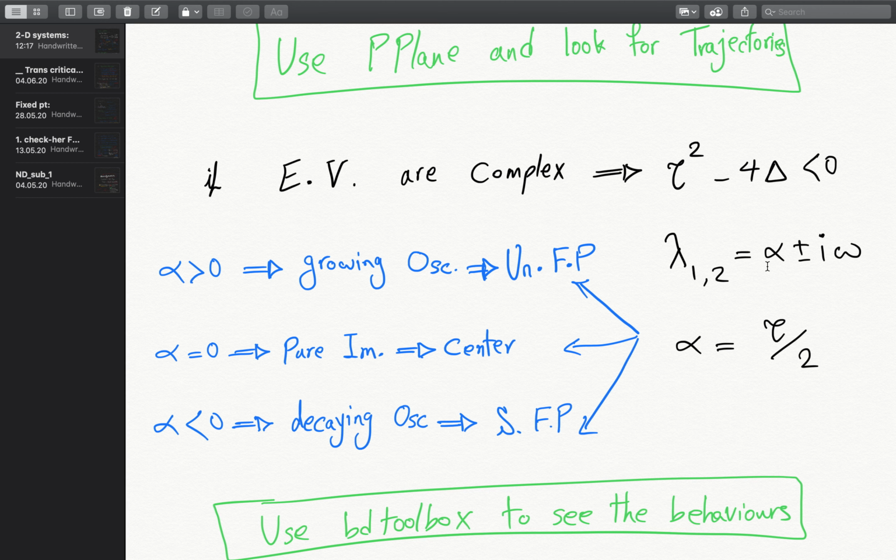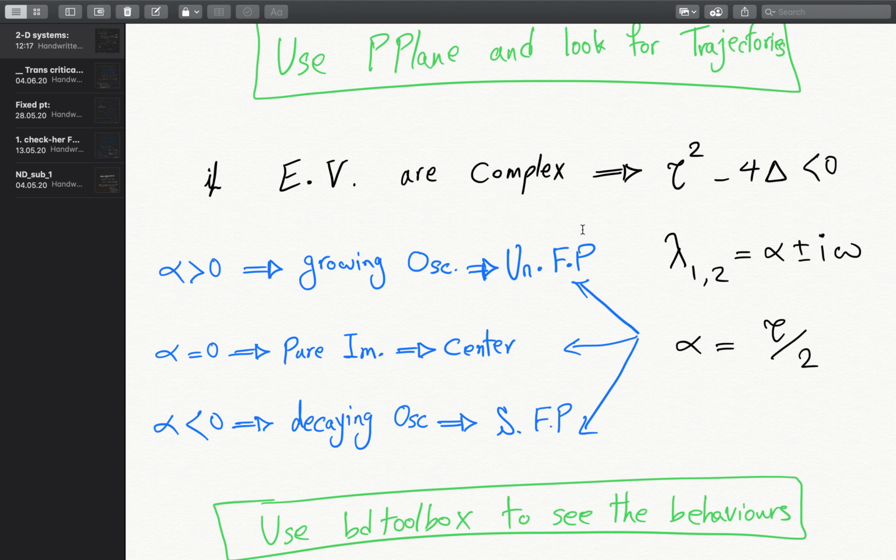And this alpha is talking about the rate of the amplitude, the real part, therefore we call it alpha. So this alpha is equal to tau over 2. You can follow the equations in my previous videos. Also Professor Pipa talked about this as well. But I have 3 different cases. If alpha is positive, then my oscillation is growing. And what does growing mean?